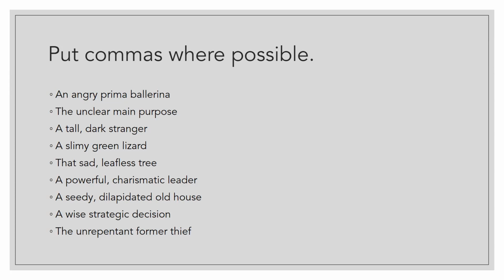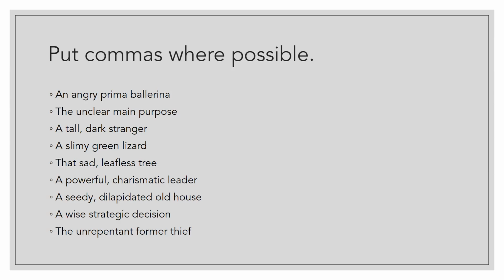And so we don't need a comma between the adjectives angry and prima, right? Just like in the second sentence, the main purpose, right, that adjective main seems to be performing a different function than the adjective unclear. And so it doesn't really feel like we need a comma between unclear and main.